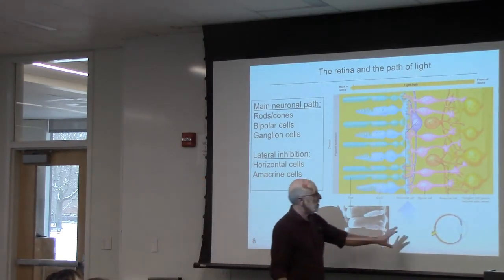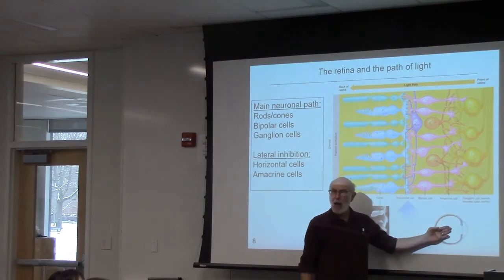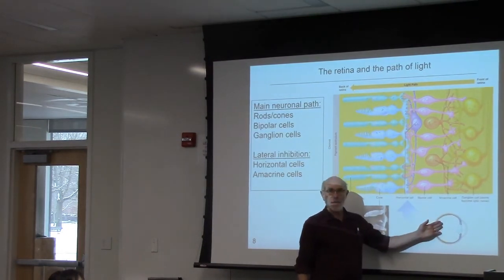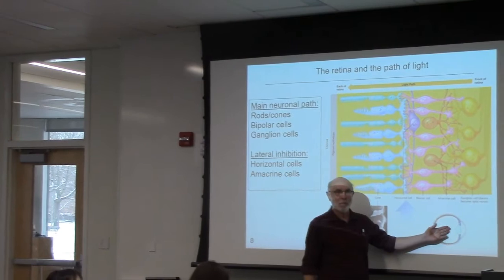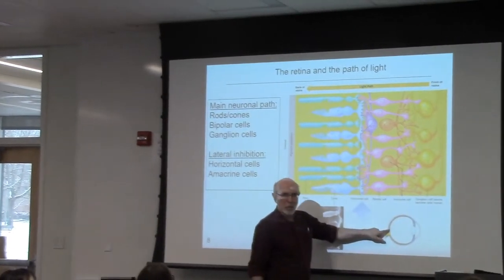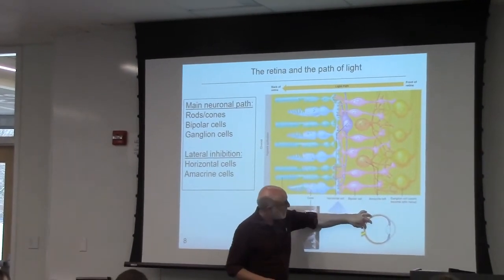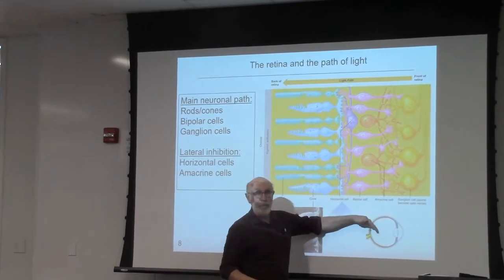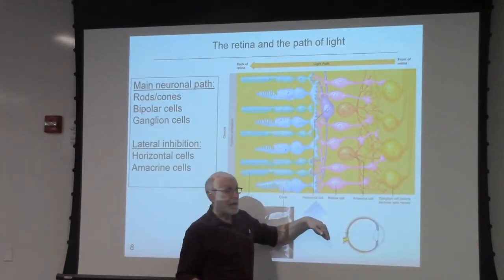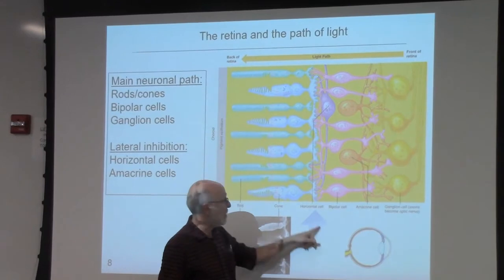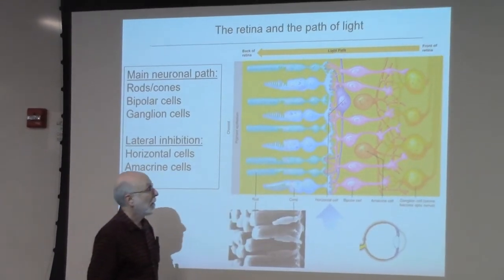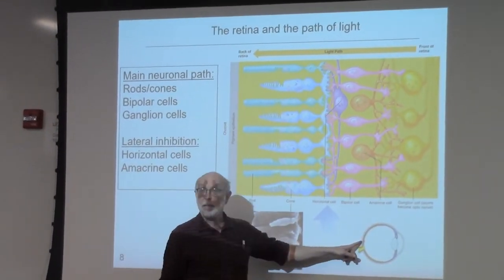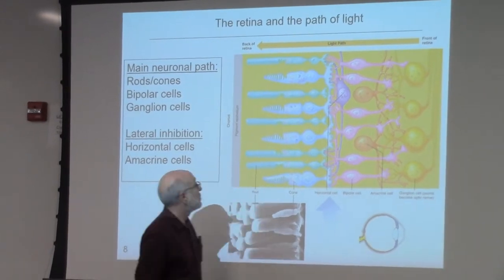Let's start here. The eye anatomy that you should know. We're zooming in on a little section of the posterior surface of the eye, including the retina. So that's what we're looking at here. The back of the eye.